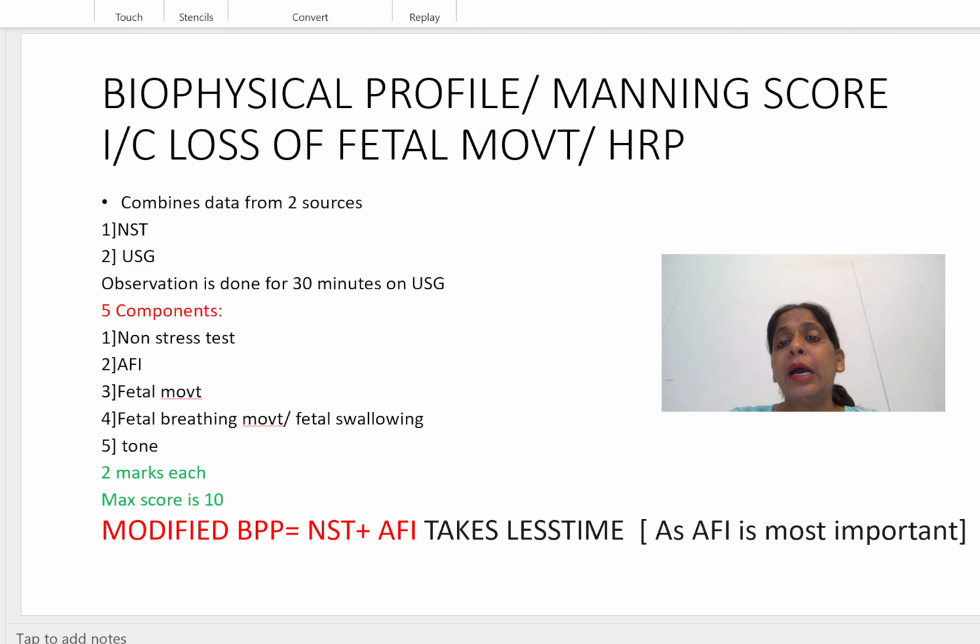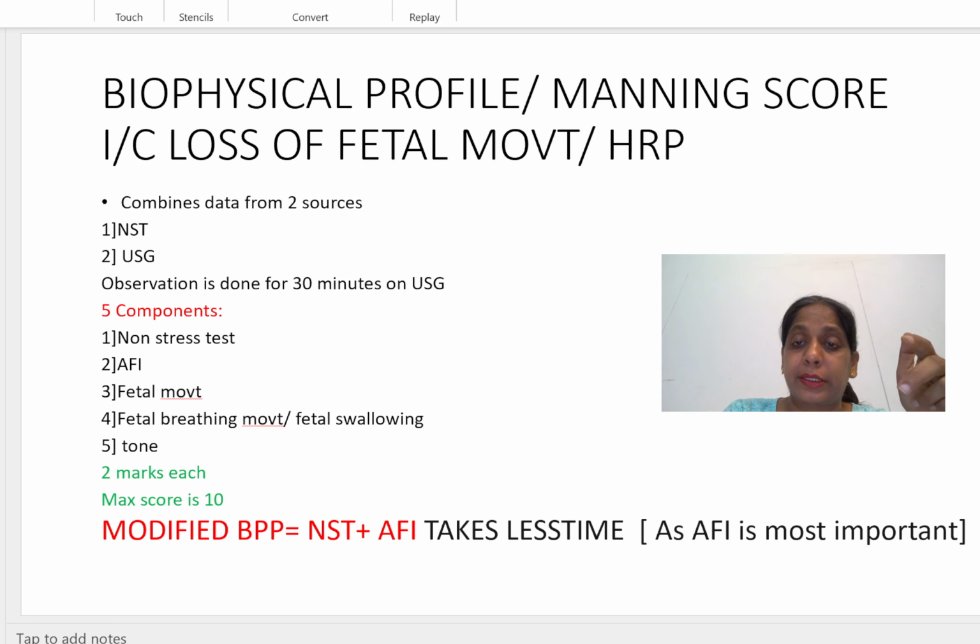First thing, in all the pregnant patients we are going to do, no, we are not going to do it in all the patients. We are going to do it only in the patients which have loss of fetal movements and those which are high risk pregnancies. Only in these two conditions we are going to do it.